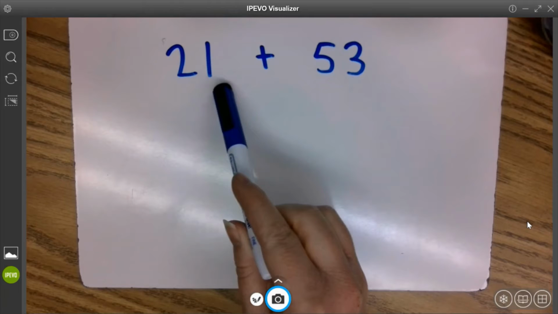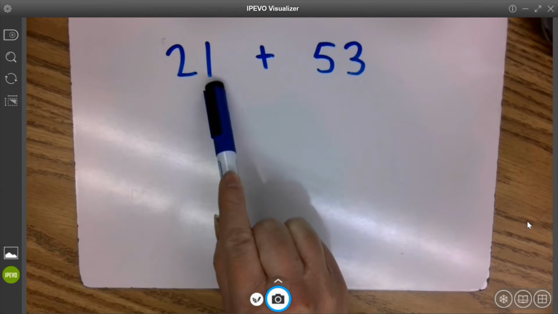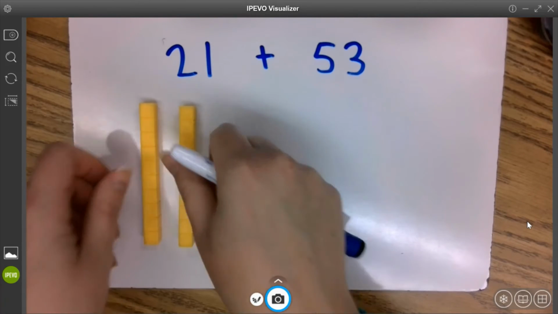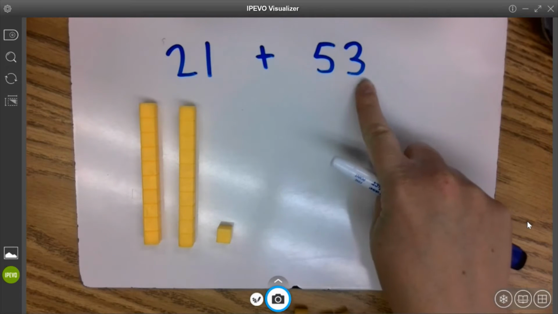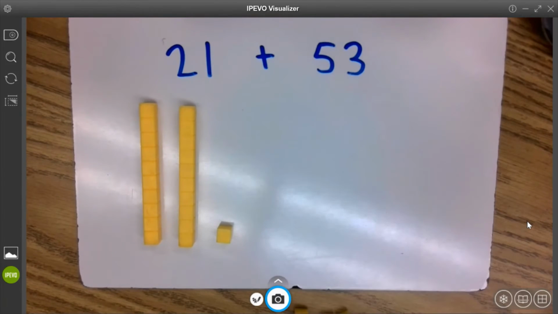I know that 21 means 2 groups of 10 and 1 more. So I'm going to model with 2 sticks and 1 bit. 2 groups of 10 and 1 more. 53 means 5 groups of 10 and 3 more.